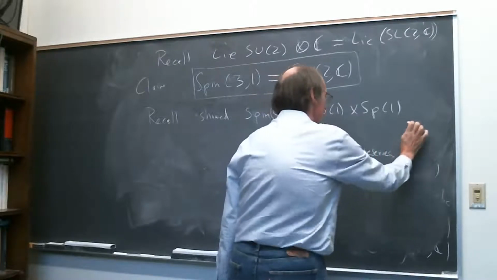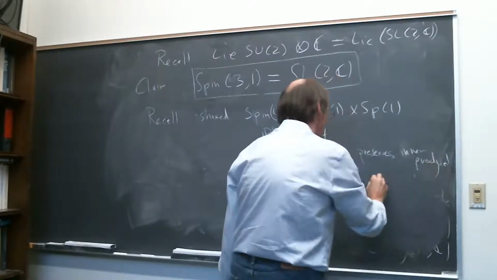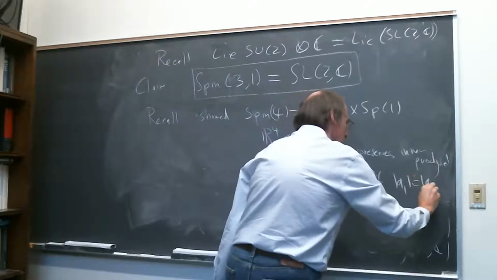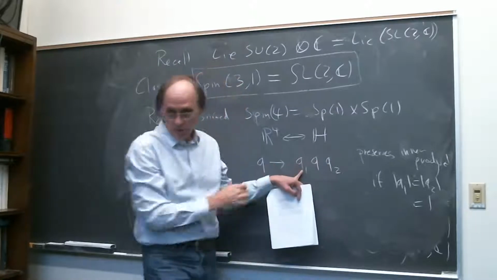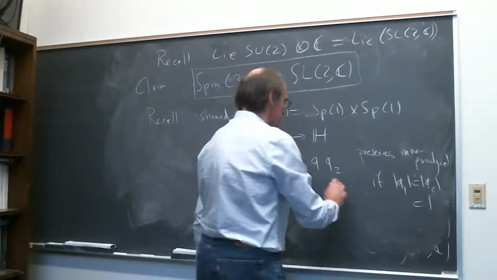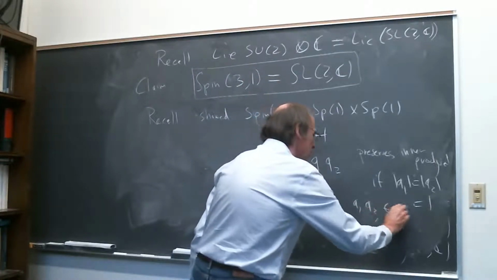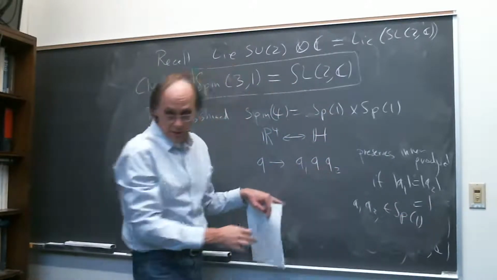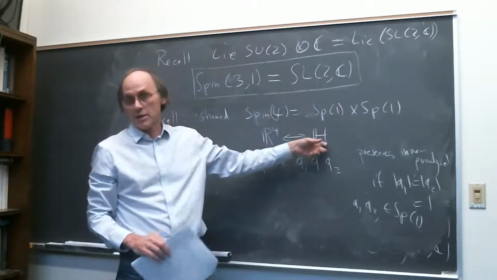This preserves the inner product if Q1 and Q2 both have norm 1. So if these were unit quaternions, so Q1 and Q2 are elements of Sp(1), then left and right multiplication by unit quaternions preserves the standard notion of distance.